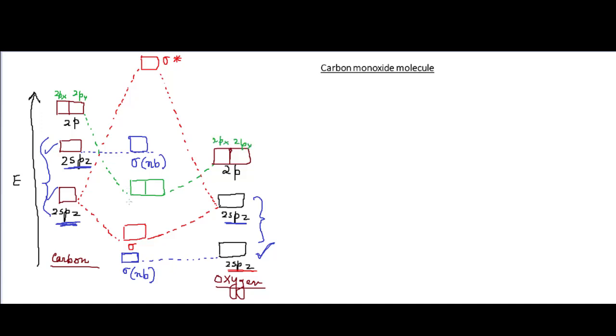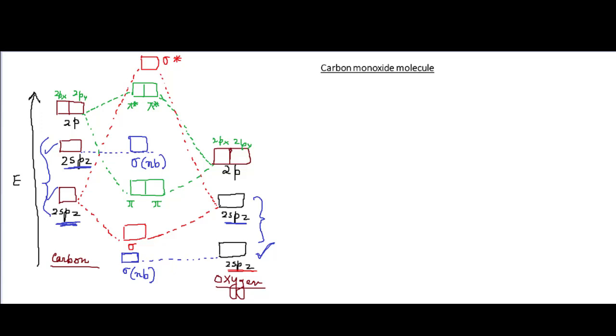They will give rise to pi bonding orbitals, and also the pi anti-bonding orbitals like this. Pi star and pi star.